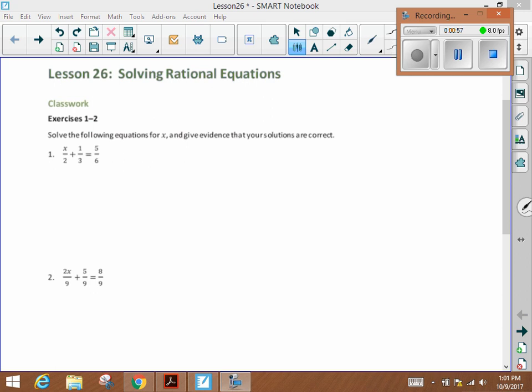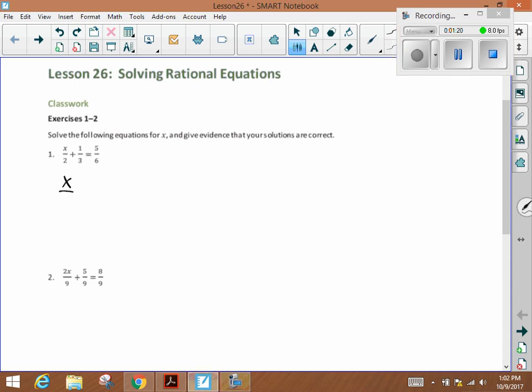So let's go ahead and recall one right now. We'll jump right into it and solve number one right here. So normally, right, you would want to have a common denominator here. So we could find a common denominator for these. Our common denominator would be 6, which would mean that I'd have to multiply this by 3 over 3.